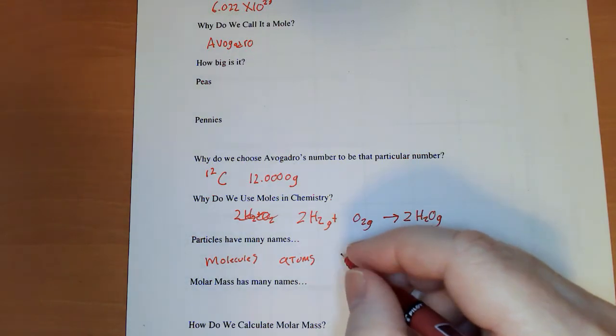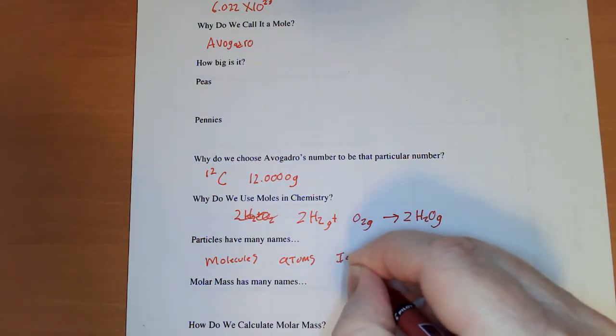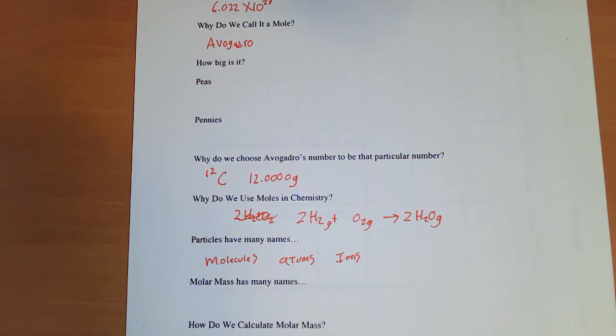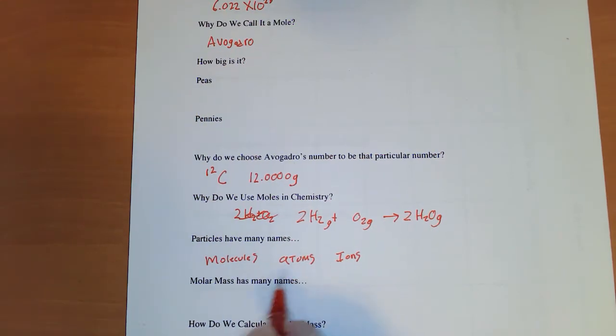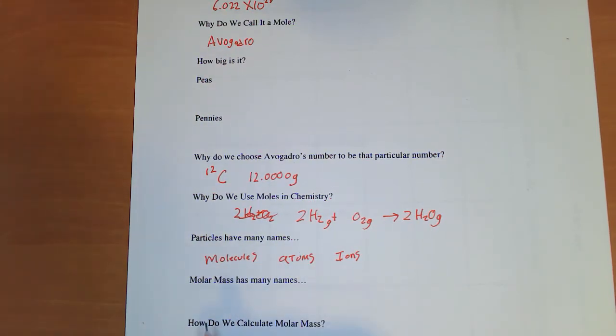We could be talking about even ions. All right? So, Avogadro's number would hold for all of these. So, the smallest particle of water is a molecule. So a mole of water has 6.022 times 10 to the 23rd molecules. But the smallest particle of gold is an atom. So if I have a mole of gold, it's 6.022 times 10 to the 23rd gold atoms. So you get the idea there.